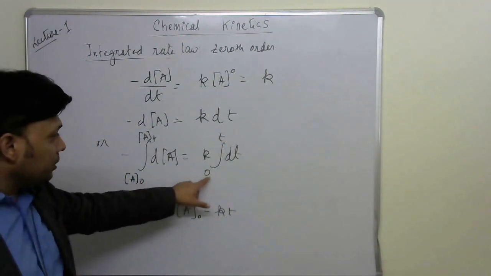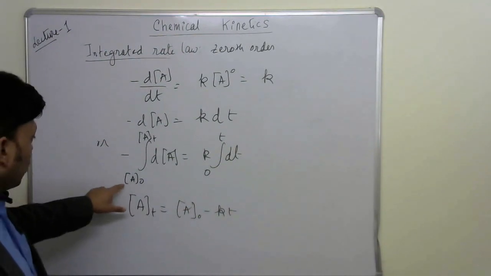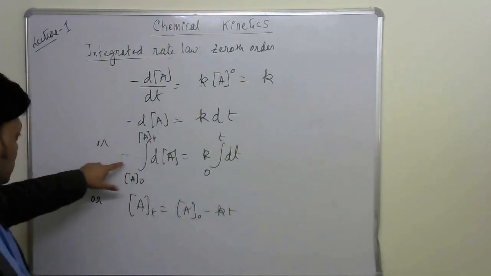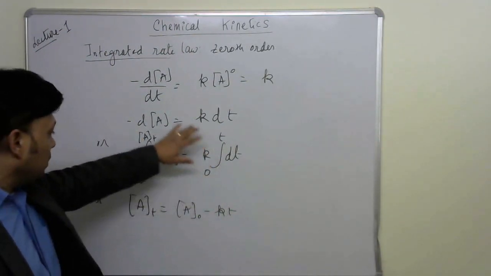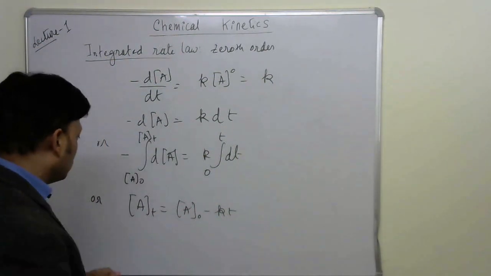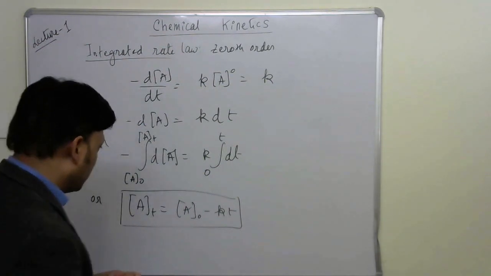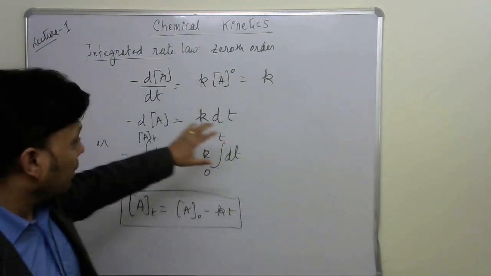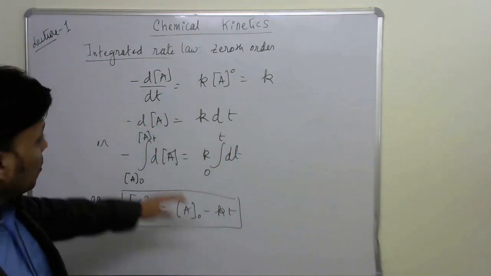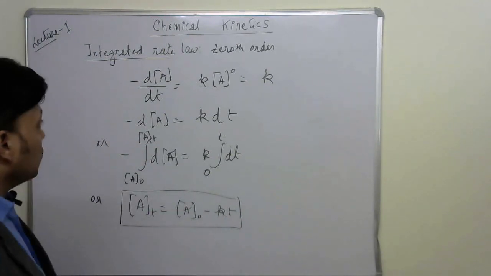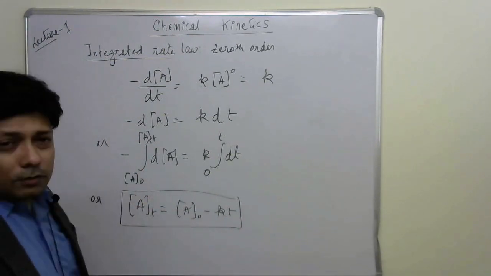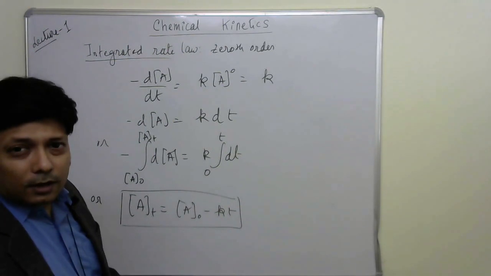Then we integrate with the limits 0 to t and A naught to A t, and once we integrate that, we get the final form of the integrated rate law of the zeroth order reaction. Sorry about the mistake, I have corrected it here. Now let's proceed to the first order kinetics.